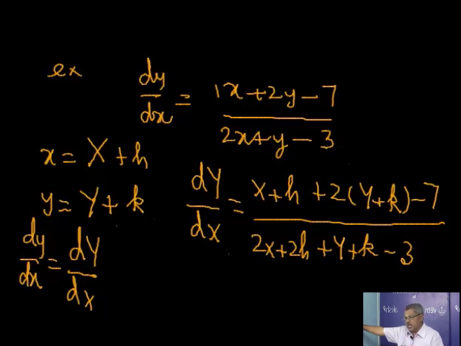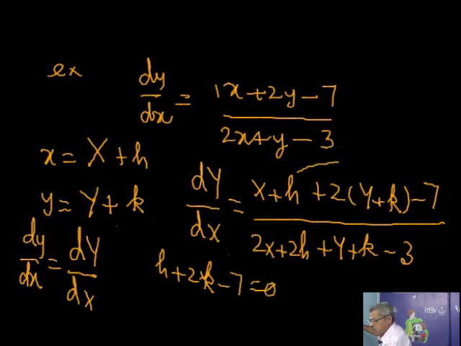We are choosing h and k in such a way that h plus 2k minus 7 is equal to 0. That is, all constant terms become 0. Here 2h plus k minus 3 is equal to 0.